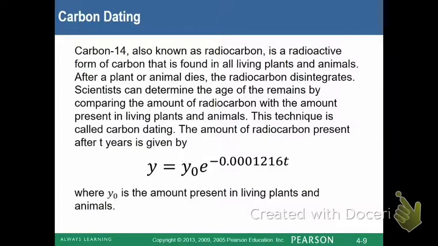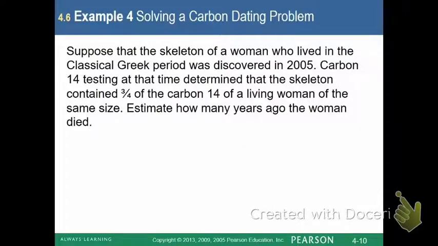So, here's our problem. Suppose that the skeleton of a woman who lived in the classical Greek period was discovered in 2005. Carbon-14 testing at that time determined that the skeleton contained 3/4 of the carbon-14 of a living woman of the same size. Estimate how many years ago the woman died. So this one's a little bit different because it doesn't give us the initial amount and the final amount.